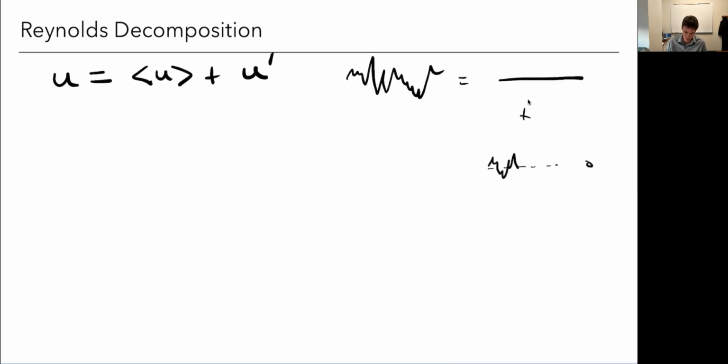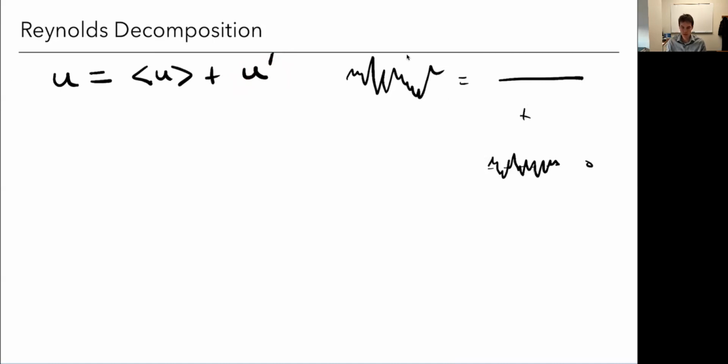Some fluctuation about 0. And let's pretend that I could draw that appropriately. So if I took this signal plus this, I could reconstitute my original value. So again, no approximation yet, just simply an observation that any quantity is going to have an average, and then the fluctuations about that average we'll just call this fluctuation value with a prime symbol.